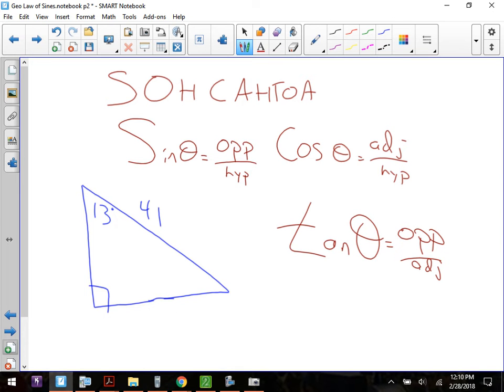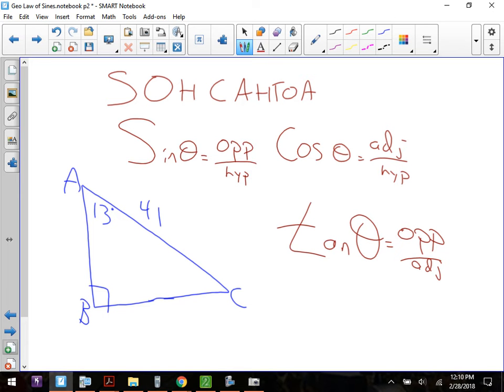If I wanted to figure out all the remaining sides and the remaining angles, just like we did all before. In this case, how many sides do I have to find? 2. How many angles do I have to find? What's the easiest thing to find first? The angle.